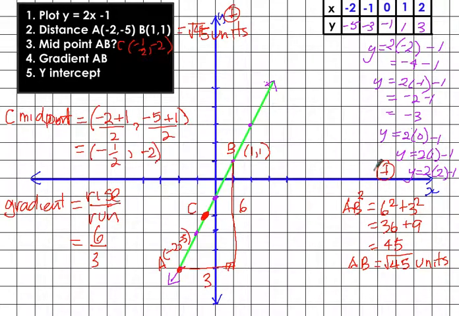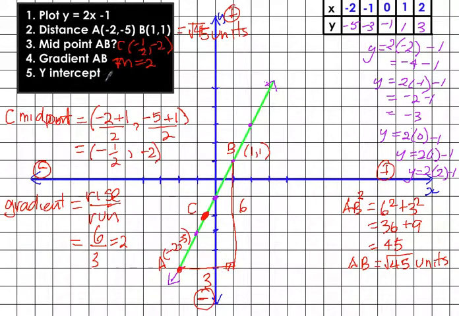A positive and a positive makes a positive. Over here is negative and down here is negative. So if the line had been going in this inclination, a negative and a positive makes a negative. So we've got a positive gradient, and our positive gradient is 2. So our gradient, which we call m, equals 2.